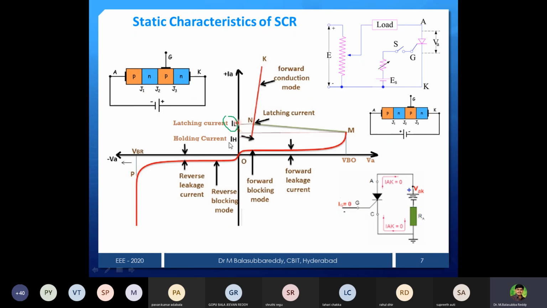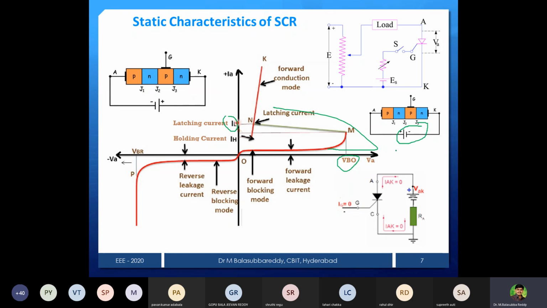There is a chance of the anode voltage going beyond the breakover voltage. Only if the voltage reaches VBO is the device going to trigger, and the moment it is triggered, the voltage may go beyond the breakover voltage. That's why the thyristor may be damaged if you turn on the SCR this way.